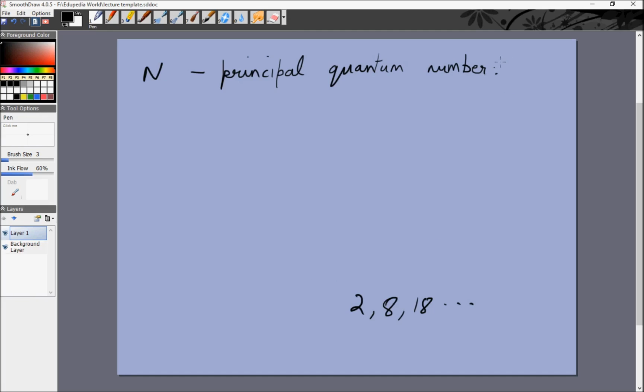It is always greater than 0. It can be 1, 2, 3, 4, something like that. Then within every principal quantum number there is L, which is called the orbital angular momentum quantum number.